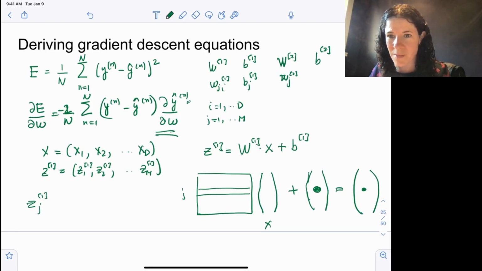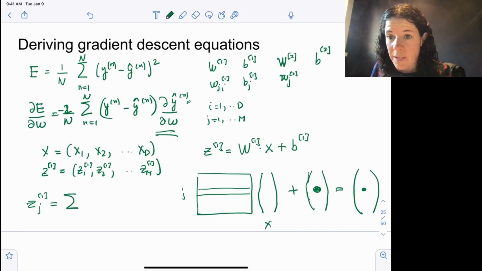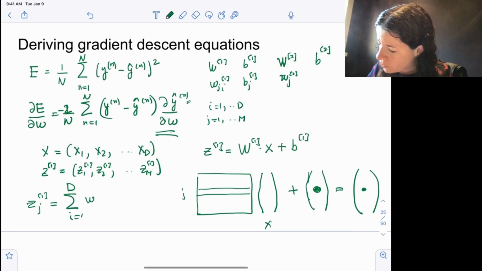So this is just basic matrix multiplication. To write that, we are just going to sum over the dimensions of x, so over i equal 1 to d. x is d-dimensional, it has d features, right? And we're going to sum w_ji times x_i, okay?